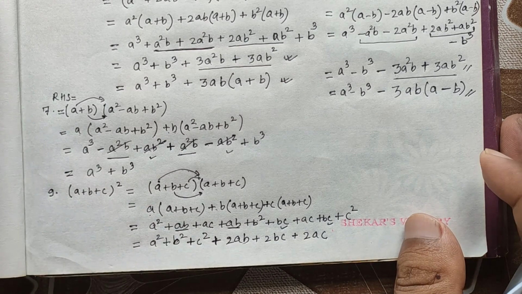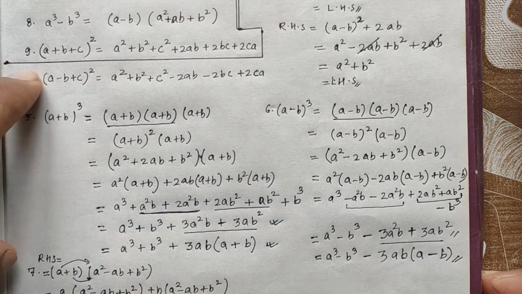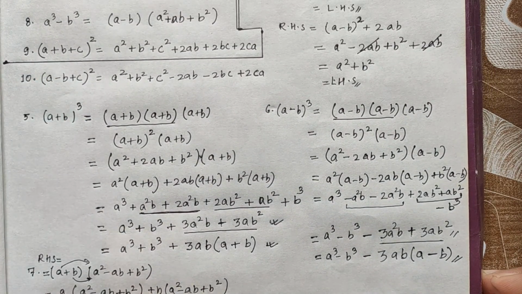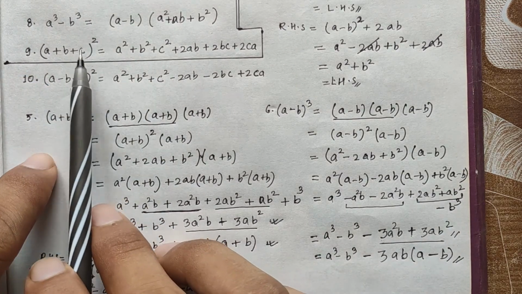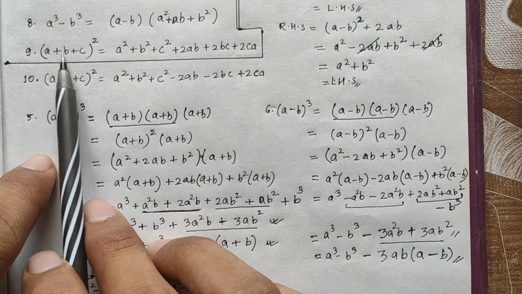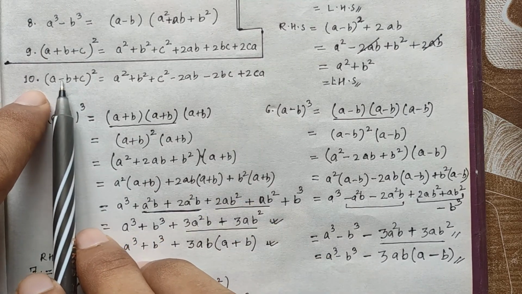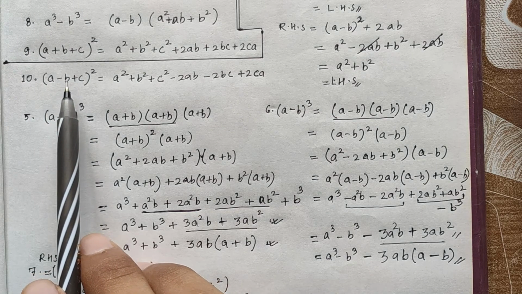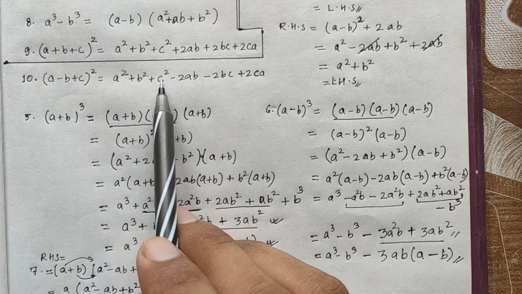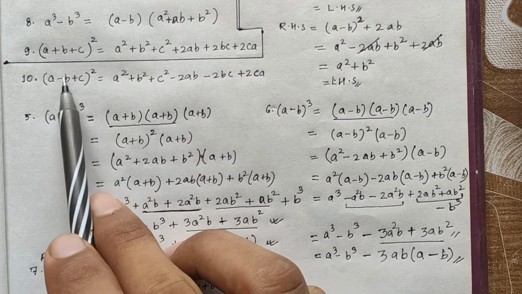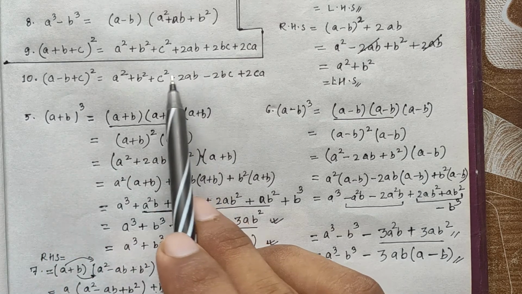Okay, and similarly the formula 10 is also proved like 9. And keep in mind that while you are using these two formulas, for plus and plus sign it becomes plus everywhere, but for minus sign, how you can memorize it is: first a square plus b square plus c square, these are the same, but where the b comes, because b has sign minus, its sign becomes minus.